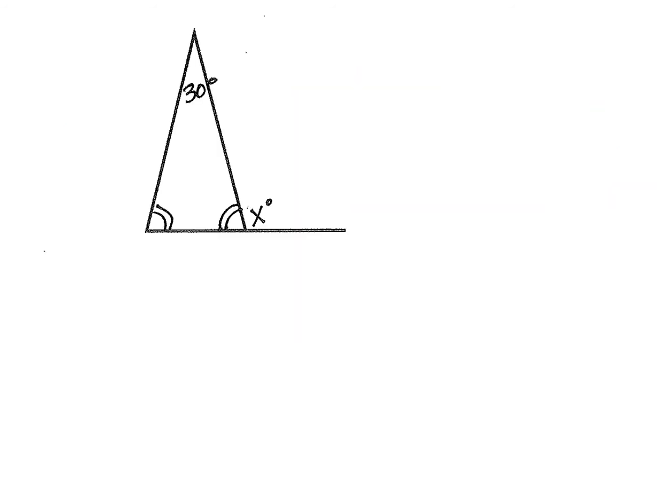All right, what about this? We're going to see this a lot. What kind of triangle do you see here? I got 2 matching angles. Anytime 2 things match, that's isosceles. Okay? So isosceles means you got the matching parts here and here. Forget about X. We're not going to worry about X just yet. I need what for a triangle? How much does the inside of a triangle make? 180. I got 30.